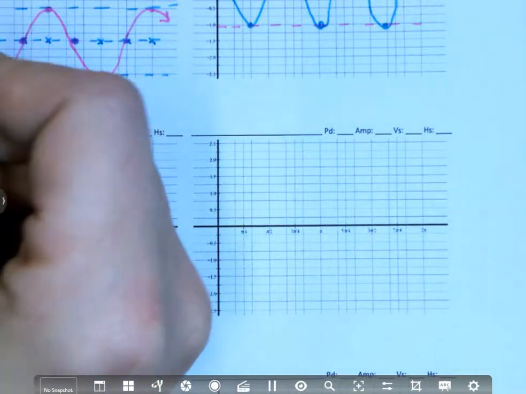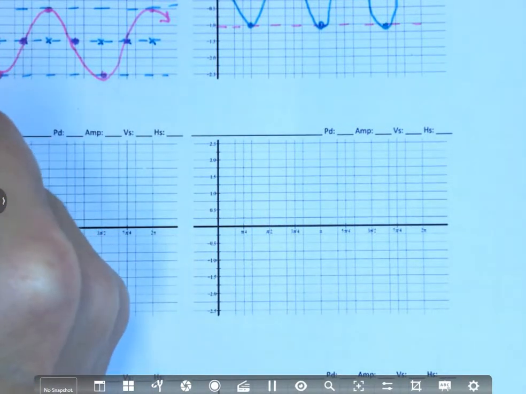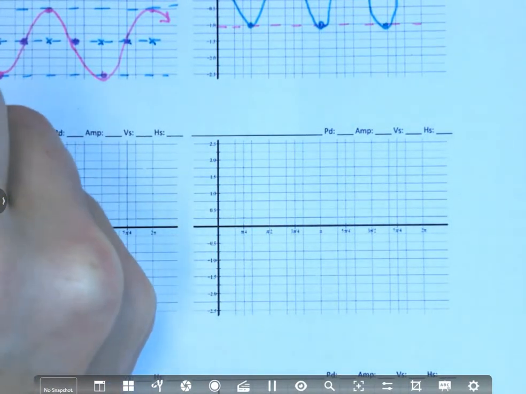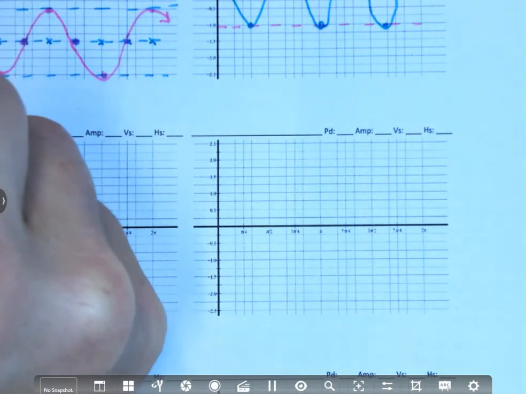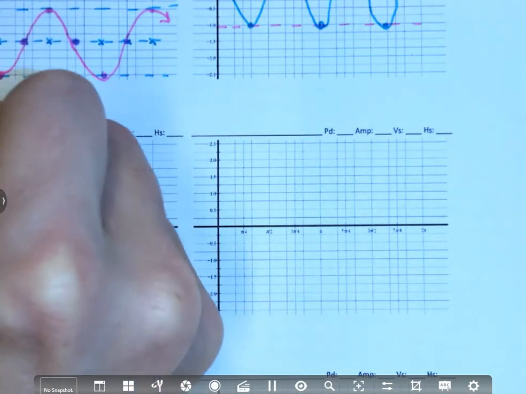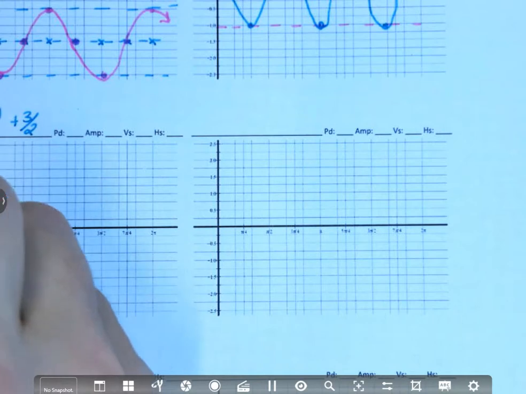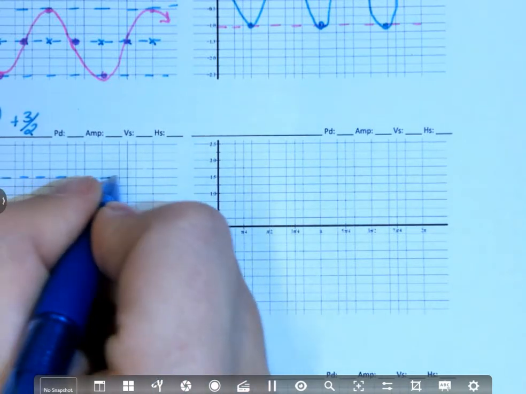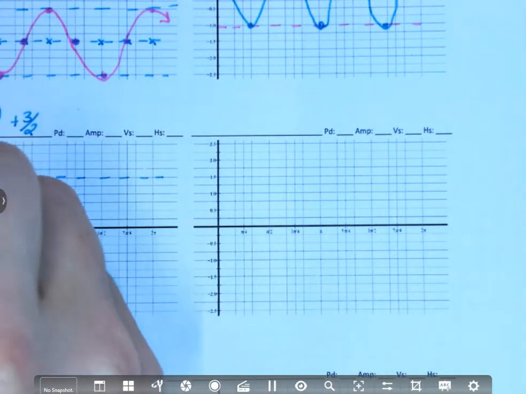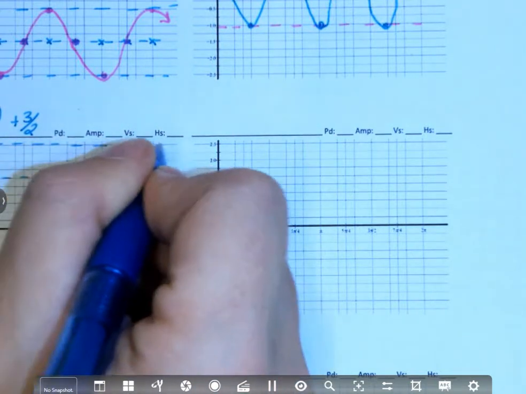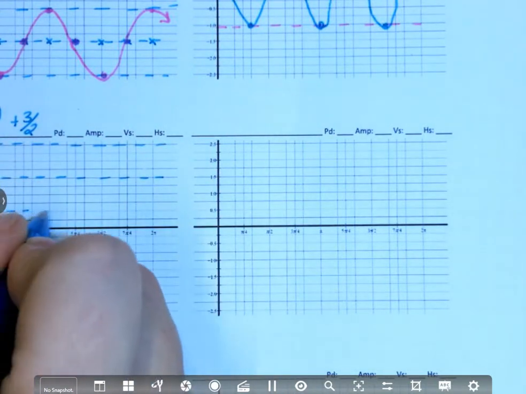Number 12 says sine of x plus pi over 4 plus 3/2. You should be pretty good with the fact that you're going to go up 3/2 and then up 1 and down 1 from that.